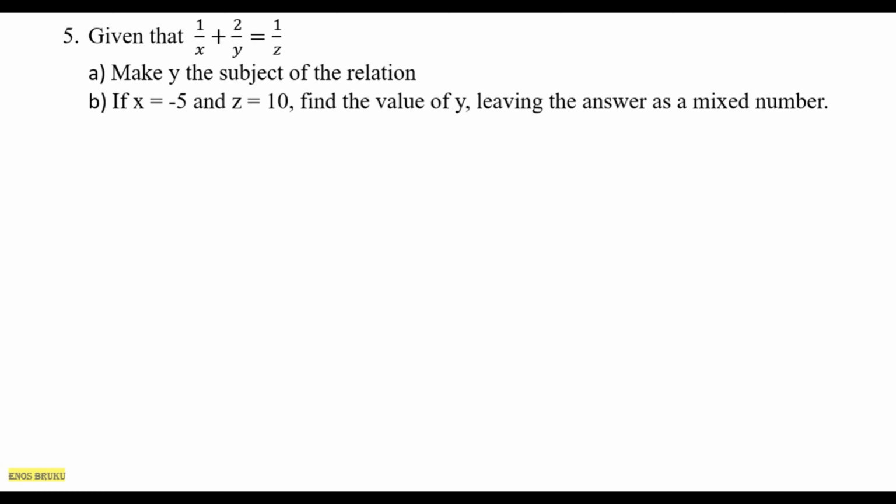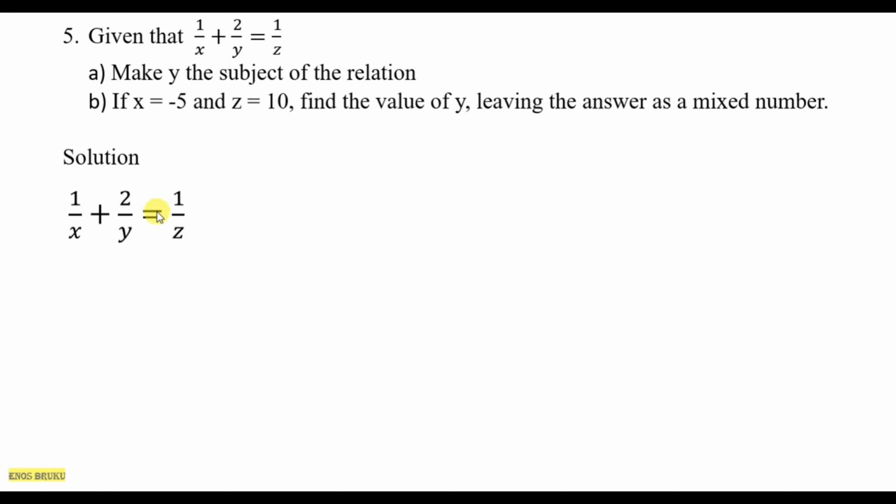Okay, so now you have 1 over x plus 2 over y equals 1 over z. So how do we find the LCM? Since these are variables, getting the LCM is quite simple.